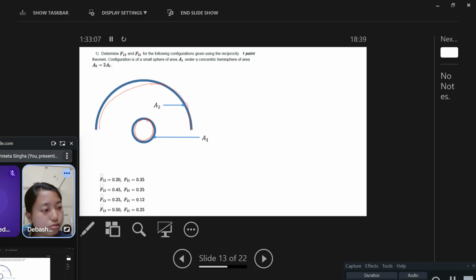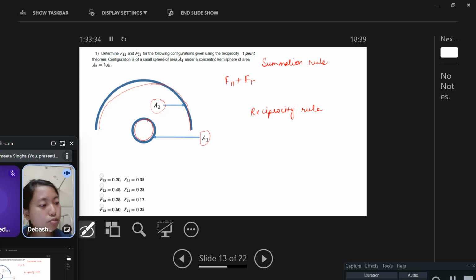First, one rule is the summation rule and another is the reciprocity rule. In the summation rule, since there are only two surfaces, 1 and 2, F11 plus F12 is equal to 1, and F21 plus F22 is also equal to 1.